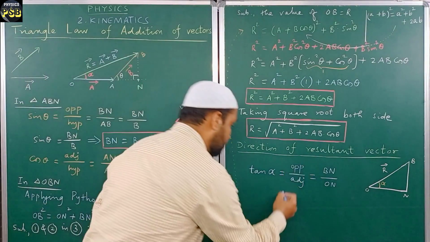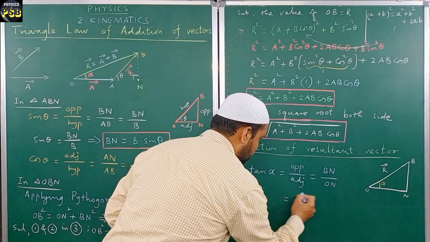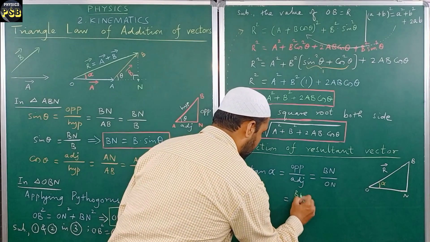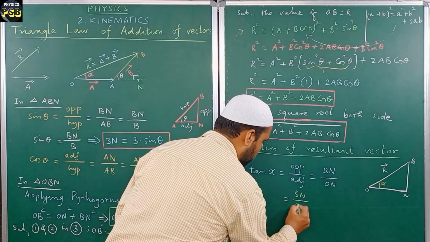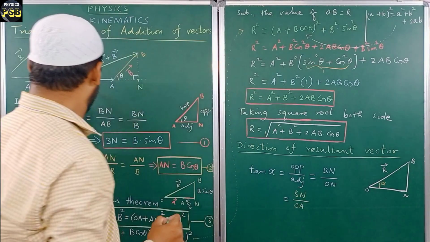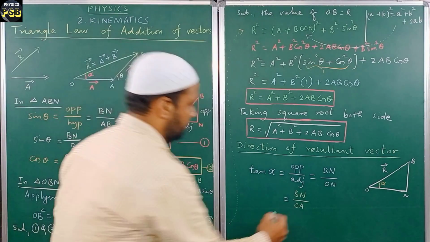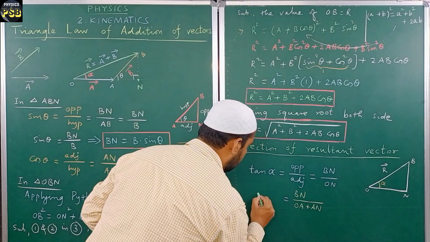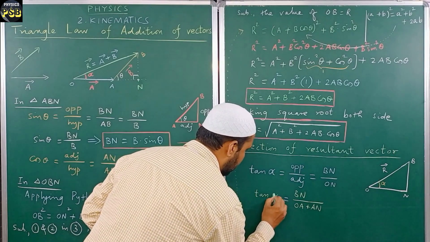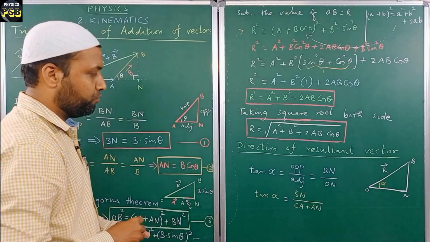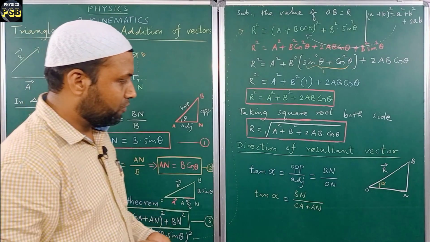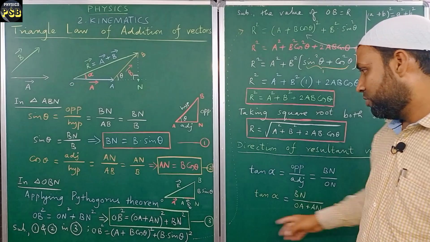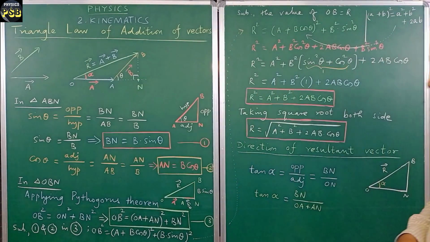That I will substitute here, as BN over ON, which is the value of tan alpha. Then I'll substitute the values of BN, OA and AN from the previous equations.